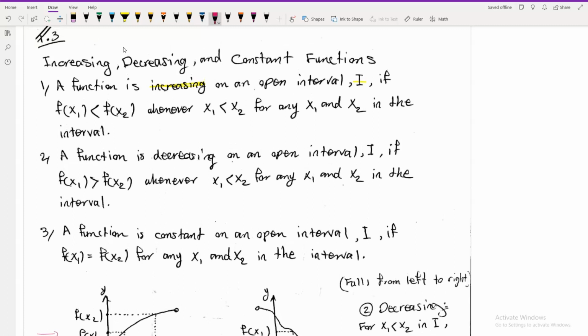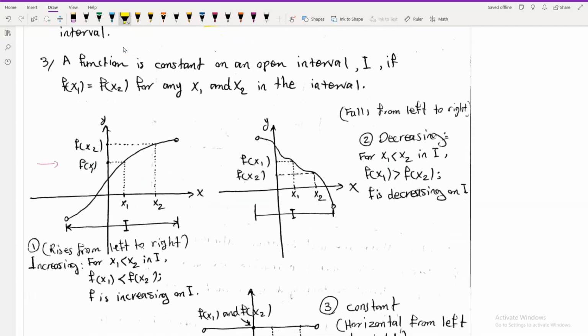Number 2, a function is decreasing on an open interval I if f of x1 is greater than f of x2 whenever x1 is less than x2 for any x1 and x2 in the interval. So we have this graph here on this part.